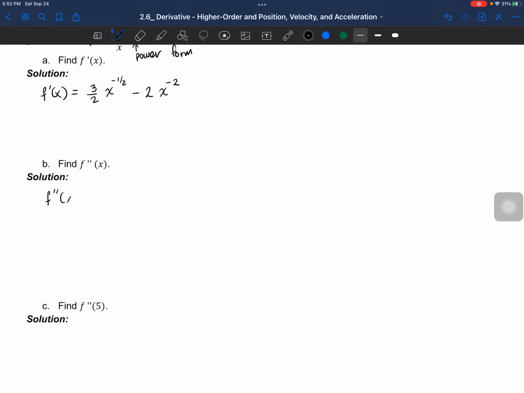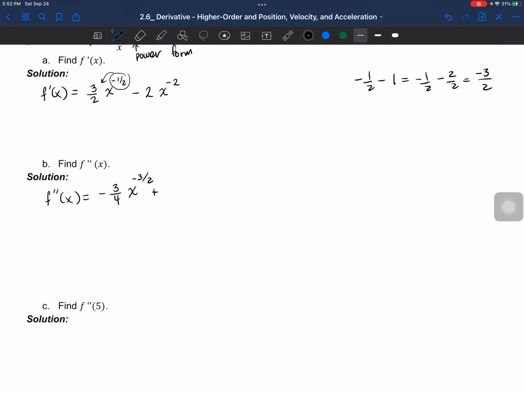So let's take the second derivative. This will be using the power rule and constant multiple rule. So 3/2 times -1/2 will be -3 over 4 times x, and then -1/2 minus 1 will be -3/2. You can do that in your head or using a calculator. So it'll be -1/2 minus 2 over 2, which is -3 over 2.